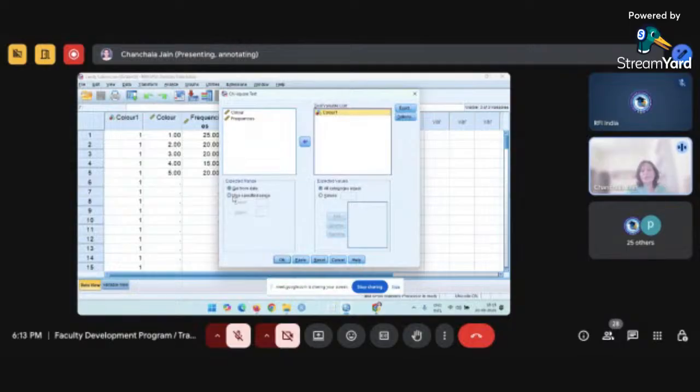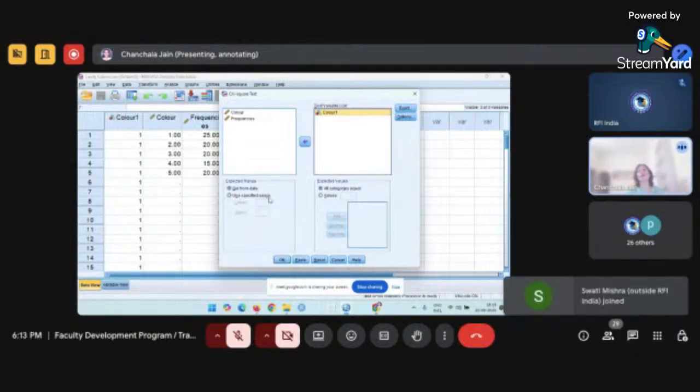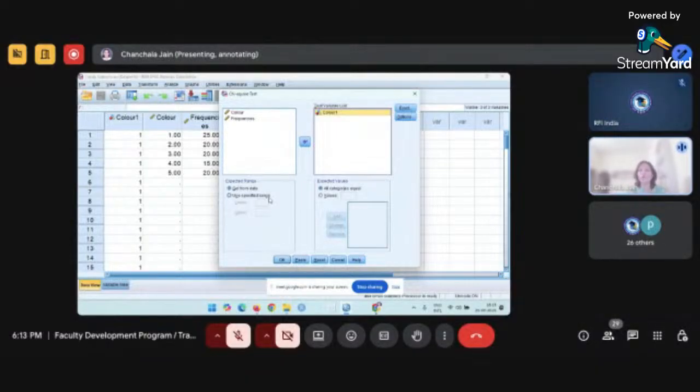The second one is Use specified range. If you want to define the range for the expected value of your data, you can use the second option and give the lower and upper value. That means SPSS will take the expected value in that range only.